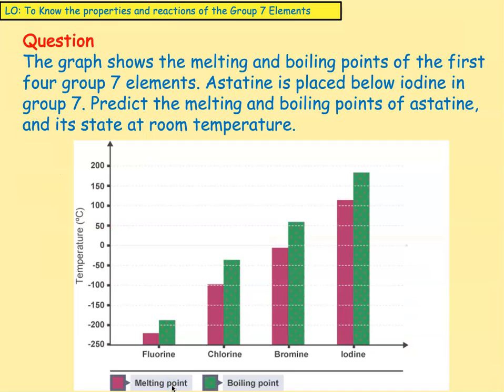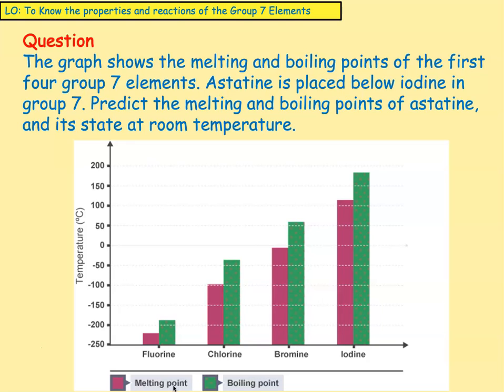So this is a typical question that you might get on your exam. They show the melting and boiling points of the first 4 elements in group 7. And they want you to predict what would be an estimate of the melting and boiling point of the next element, astatine.